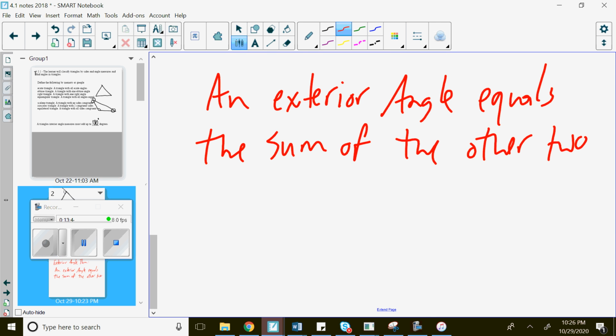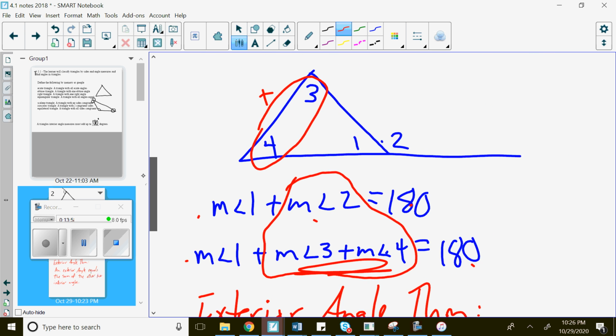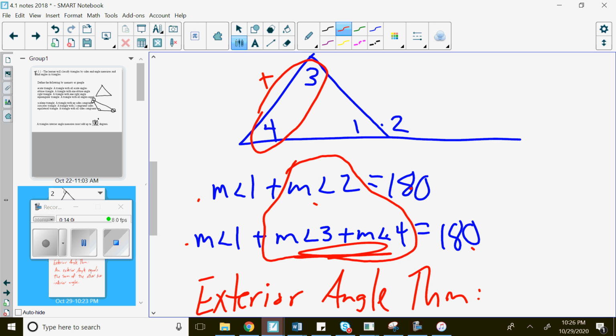And by other 2, I mean the ones that it's not attached to. The other 2 interior angles. Okay, and so we can see it in this diagram. 1 plus 2 equals 180. 1 plus 3 plus 4 equals 180. Therefore, 2 and 3 plus 4 got to give us the same thing.